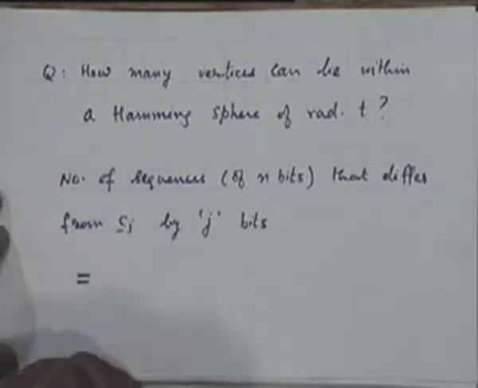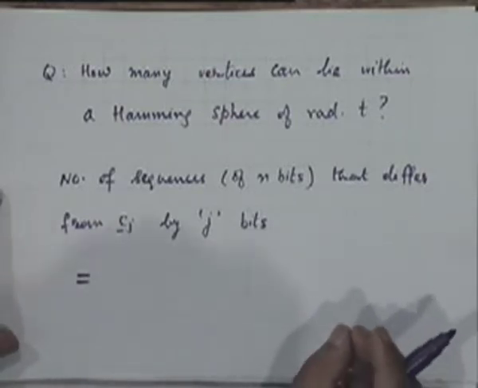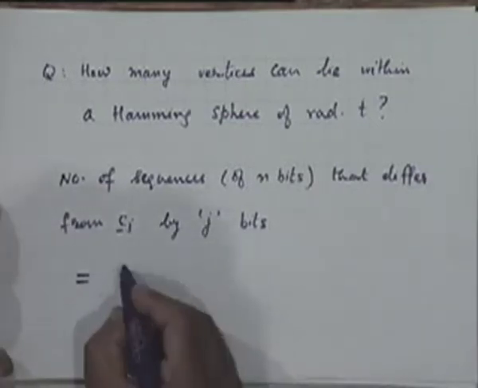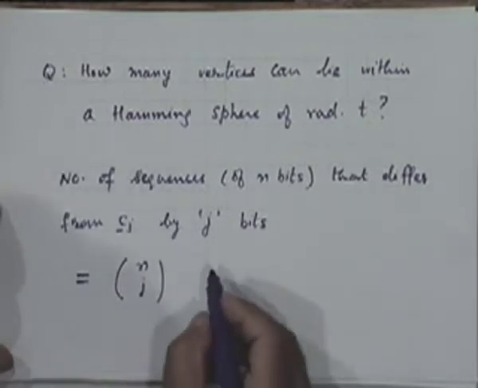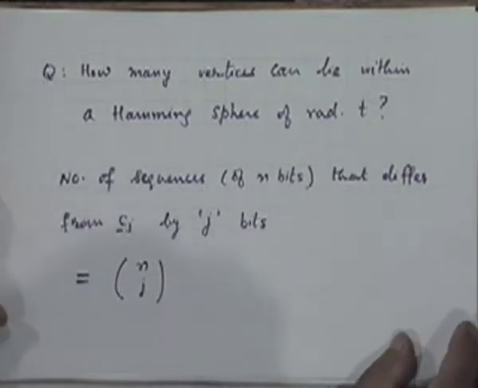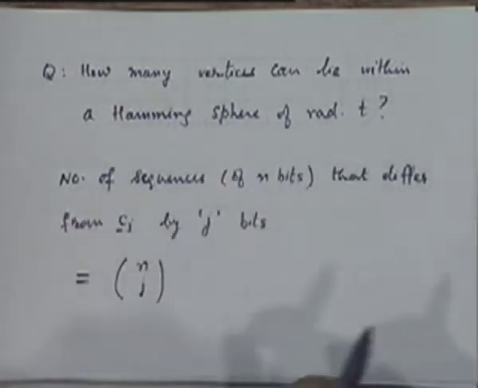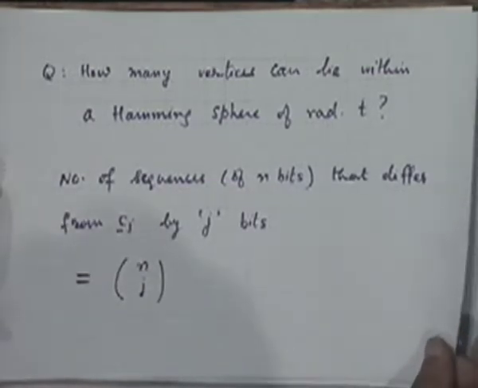What is this number? Consider this number. It is the number of n things taken j at a time, right? So obviously the answer is nCj. Okay, is it clear? You have n things and you are looking at how many ways you can take out j things at a time.